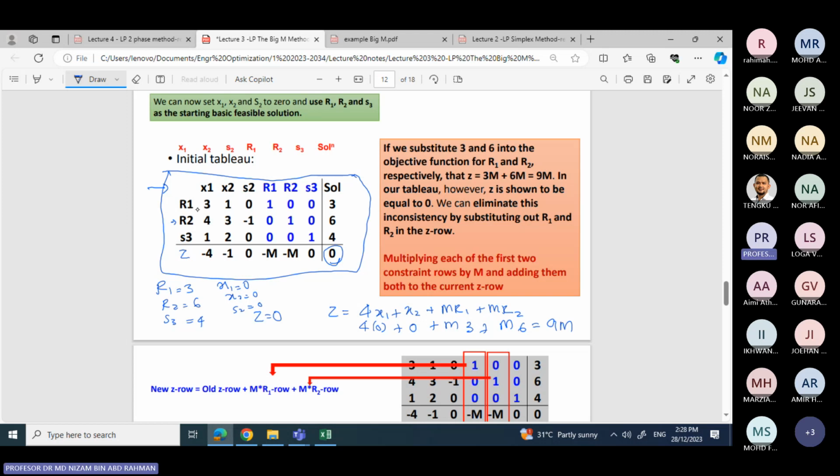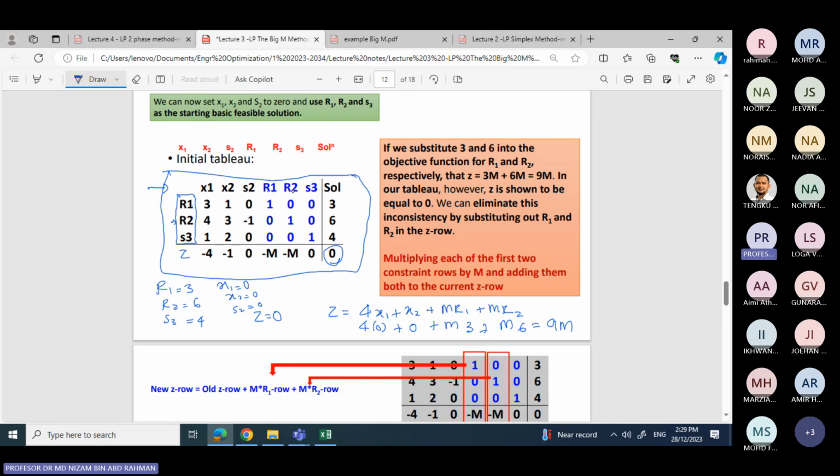In most cases, in almost 90%, 99.9% of the cases, if you have a basic solution variable in here, R1, R2, R3, the Z value for that particular variable should be 0. So for example, this R1, which is one of the basic parts of the basic solution for this particular tableau, the Z value is minus M, not 0.